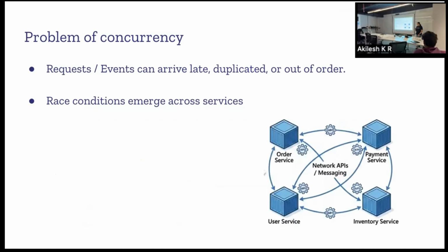The problem of concurrency in a distributed microservices world is that each service will either be event driven or responding to requests, and these can arrive at different points in time, and we can receive duplicate events. And it's not just because of the nature of the services itself.